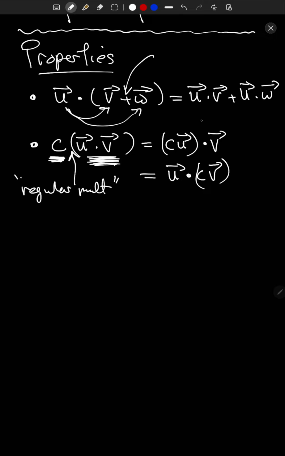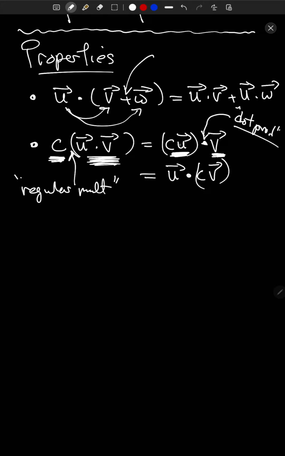However, on the right-hand side, this product is a dot product, because c times u, scalar multiplication, gives you a vector, and v is a vector, so (cu) dot v is the dot product. As opposed to the left-hand side, where that multiplication is regular multiplication.